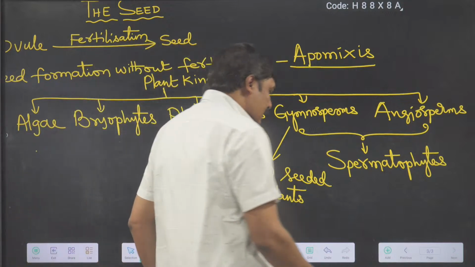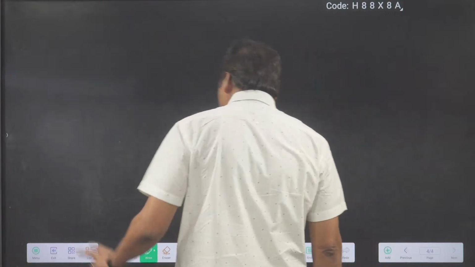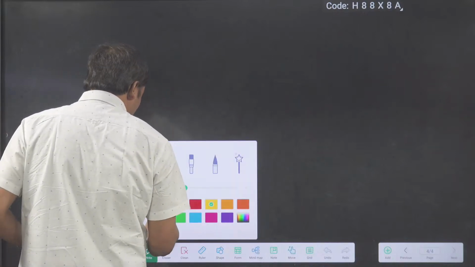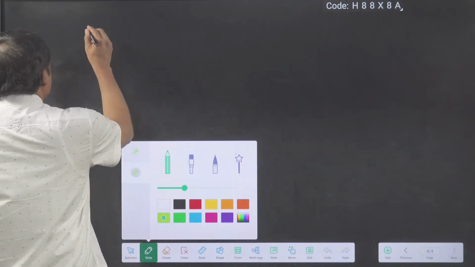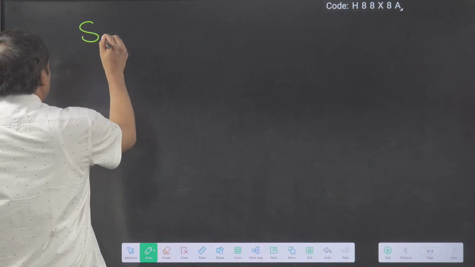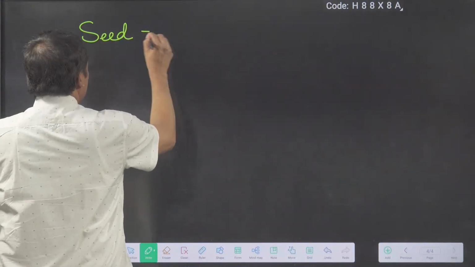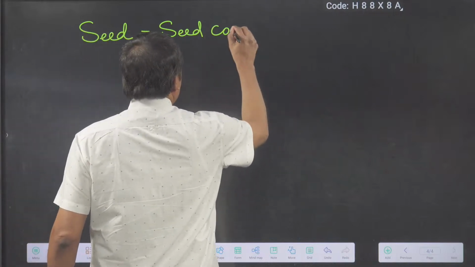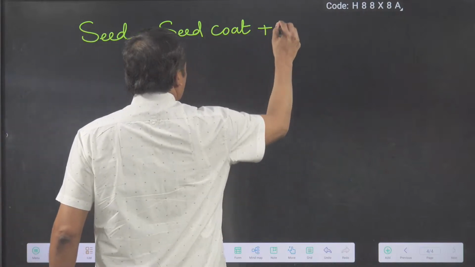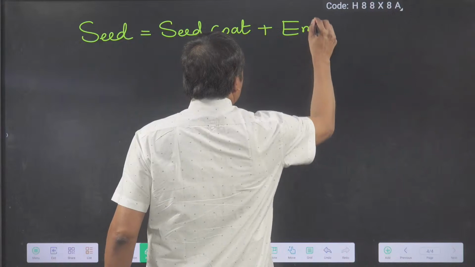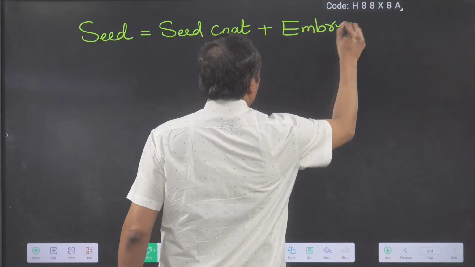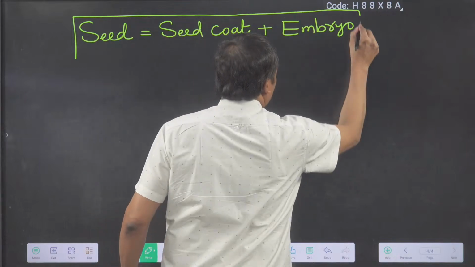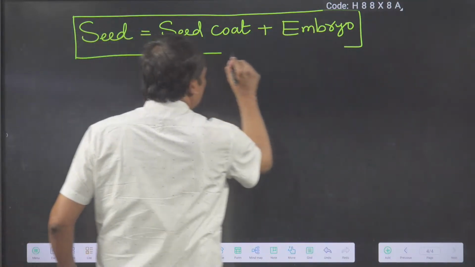A seed consists of two parts, namely seed coat plus embryo.